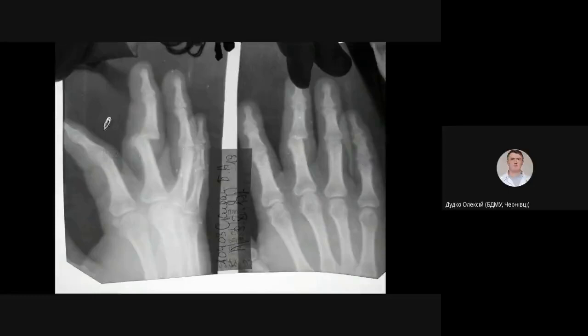Then we can note that the middle phalanx of the third finger is dislocated. So we can also see this on the AP view. But on the lateral view, we can clearly see that this is a posterior dislocation, as the middle phalanx was displaced to the posterior side.